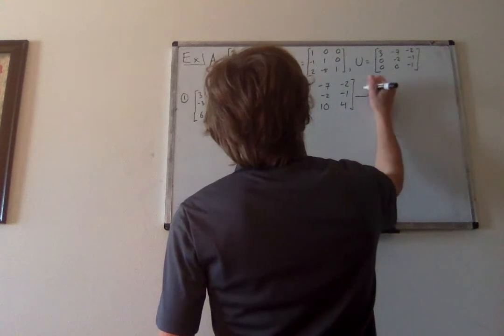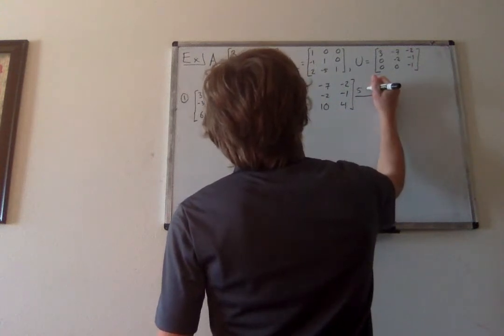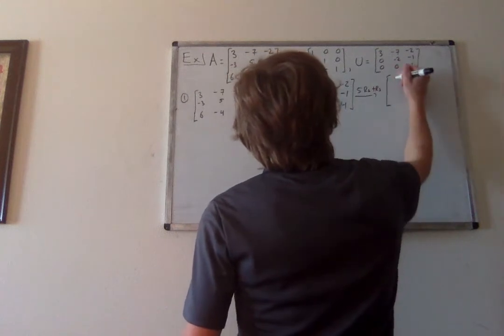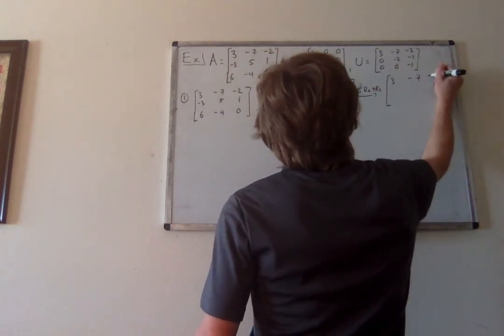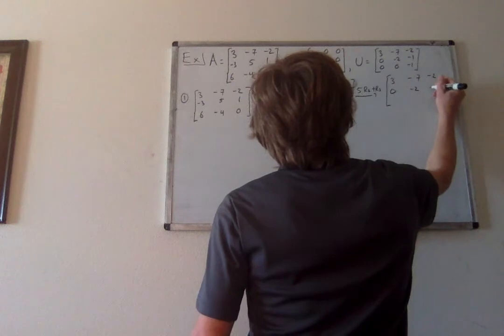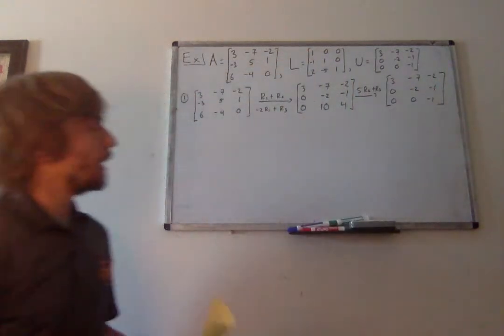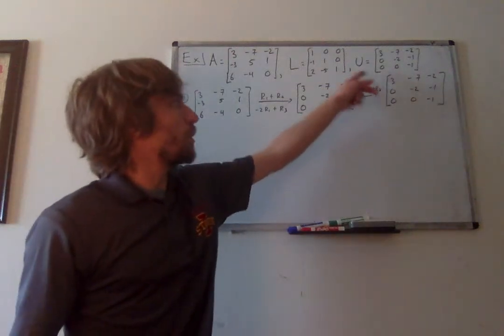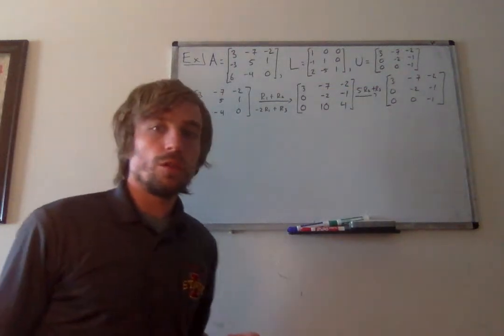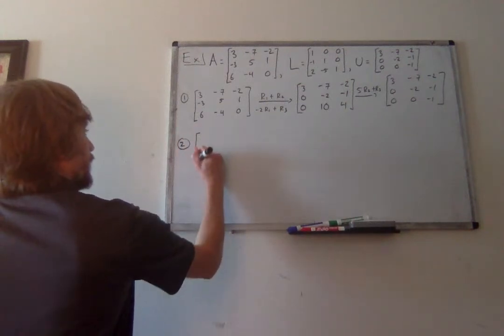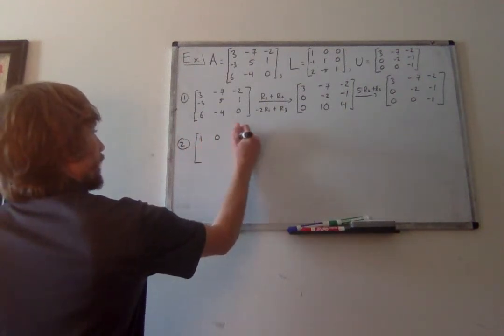And then lastly, we'll do 5 row 2 plus row 3. So here we can verify that this matrix U is in fact a row echelon form of A. Next, we can verify that L times U actually equals A.